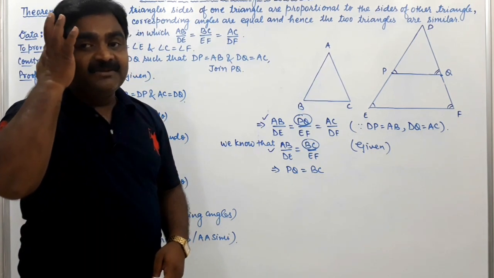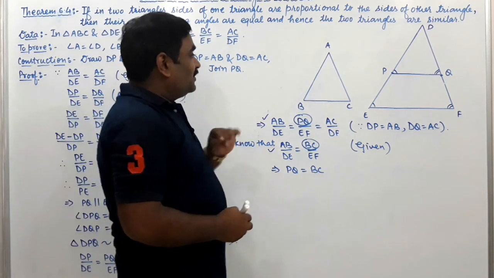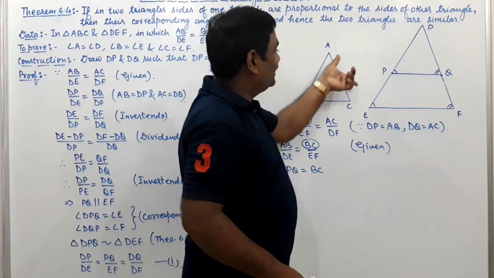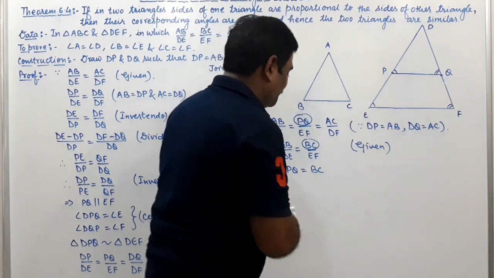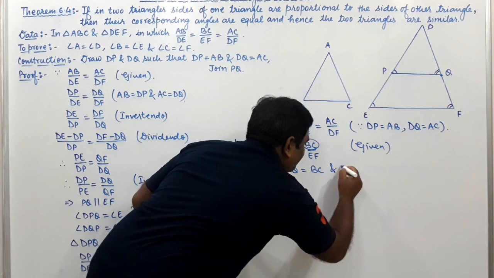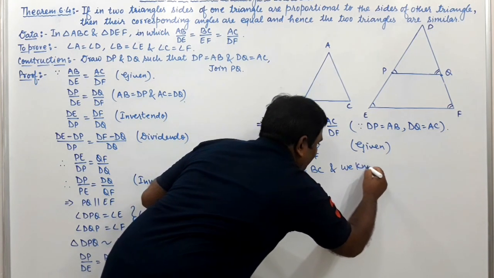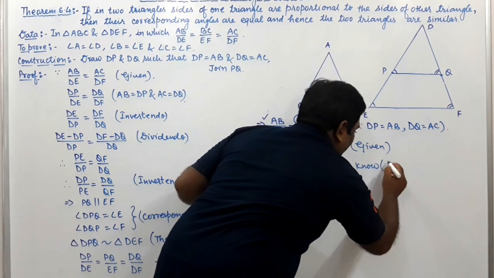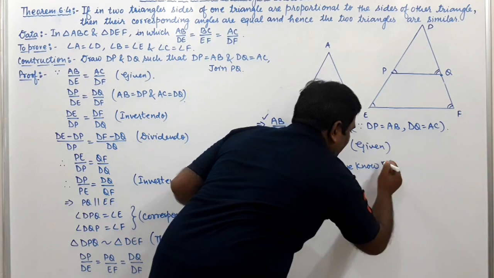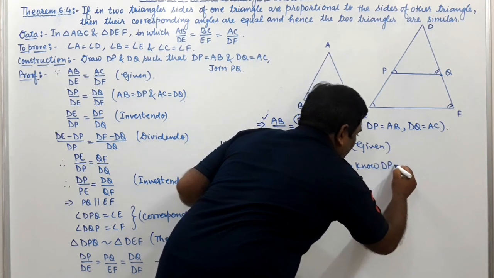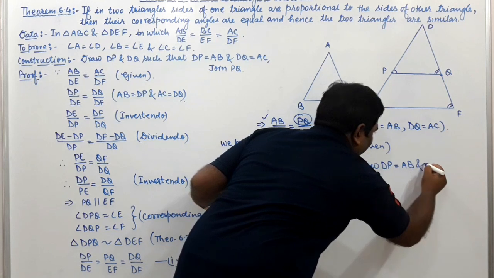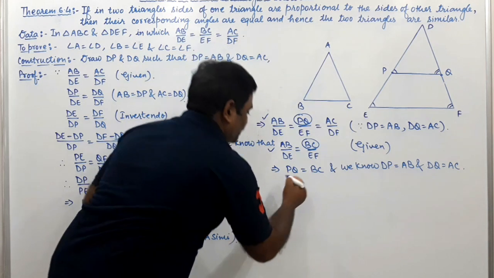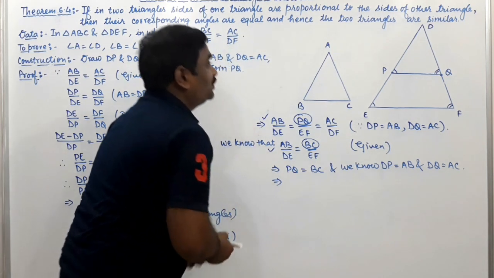When PQ is equal to BC, and you already know that AB equals DP and AC equals DQ by construction, therefore what can you say about these two triangles?